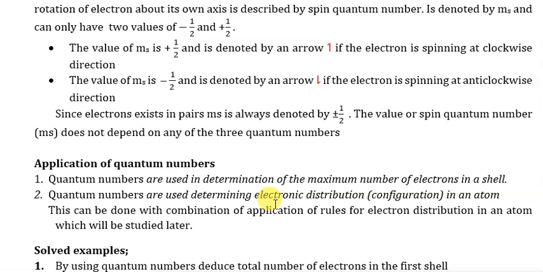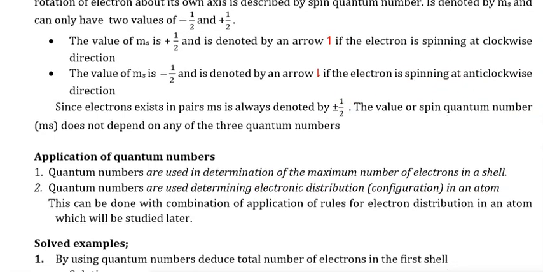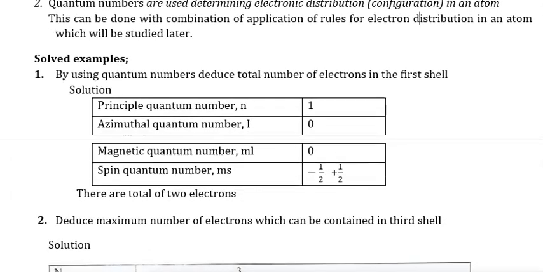Using quantum numbers, we apply the concept of orbitals in electronic configuration, to know how many electrons the first shell can hold, the second shell, and so on. About electronic configuration and its principles, they will be discussed later. And also the solved questions in this part can be discussed later if we get time.